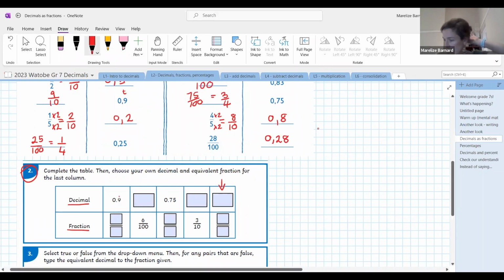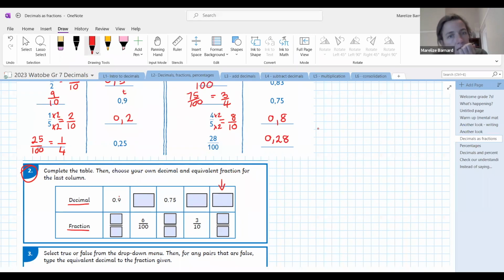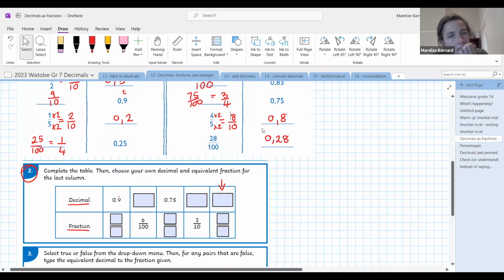Ma'am, did you also do it to 75/100, or did you do a different one? Yeah, for 75/100, or 75 hundredths, we look for the biggest number that can go into 75 and into 100.